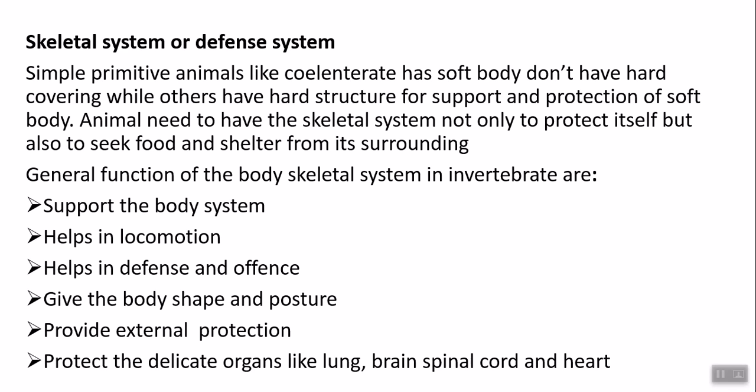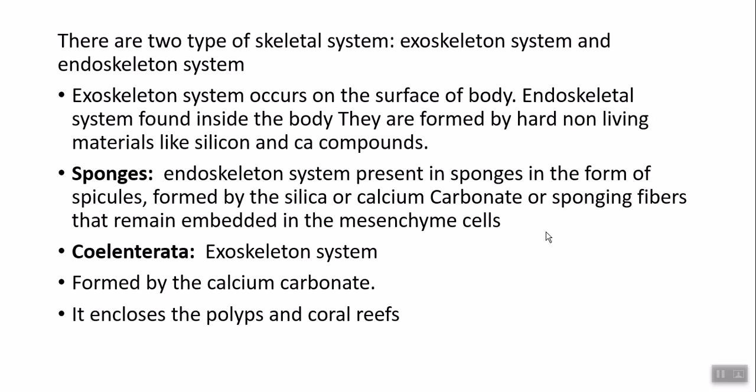It also helps to defend itself, or even to prey on the predators, gives the body a proper shape and posture, provides external protection particularly from desiccation, and protects delicate organs like lungs, brains and spinal cord. These are some of the major functions of a skeletal system.